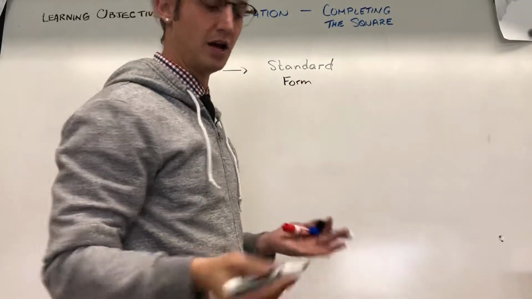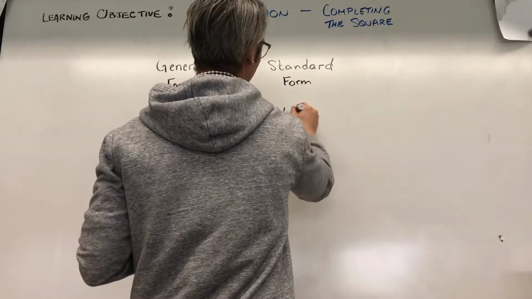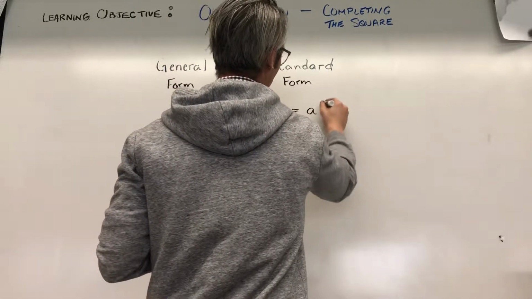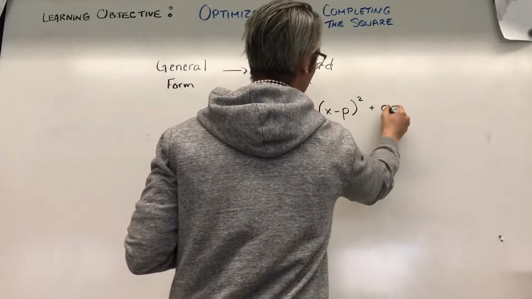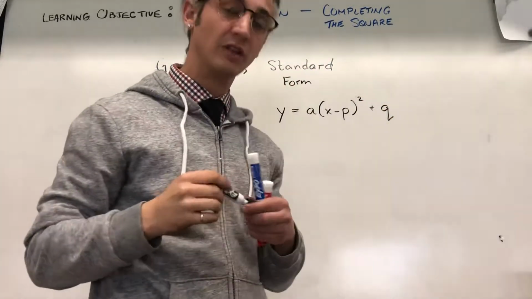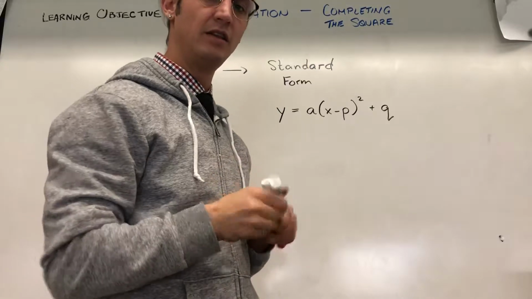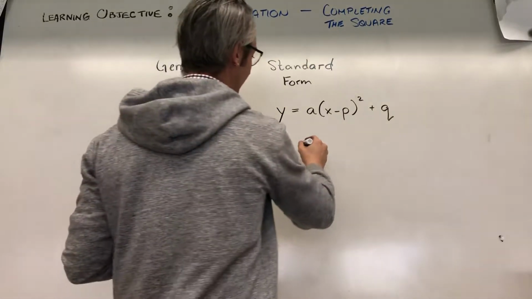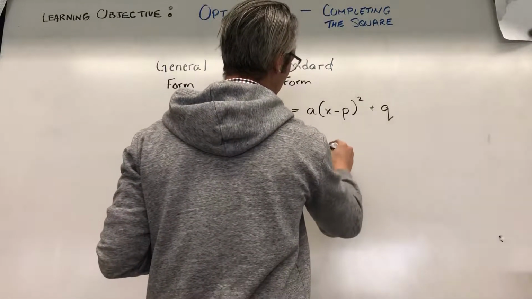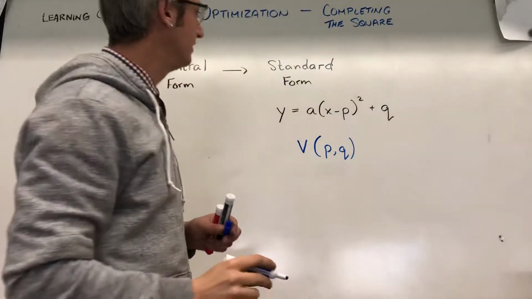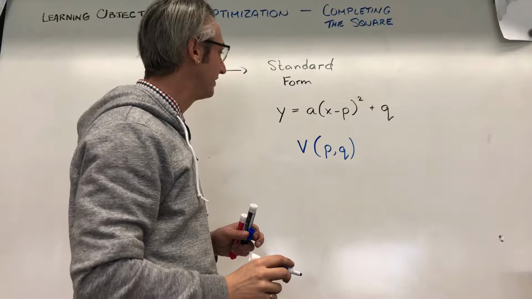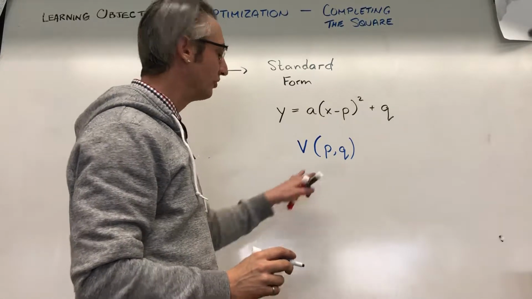Well, we were doing that because standard form tells us a few important qualities. Most notably, it tells us the location of our vertex, which is at (p, q).